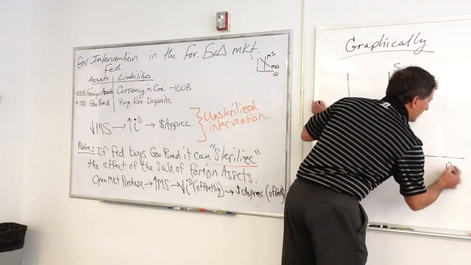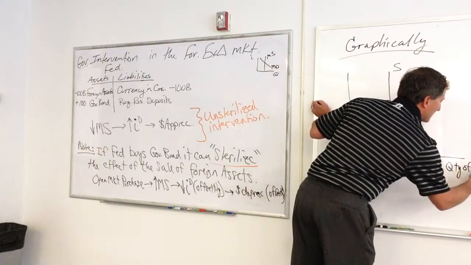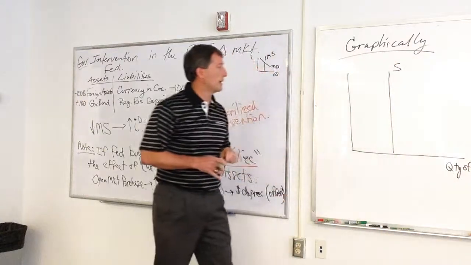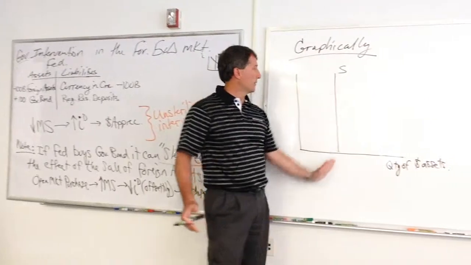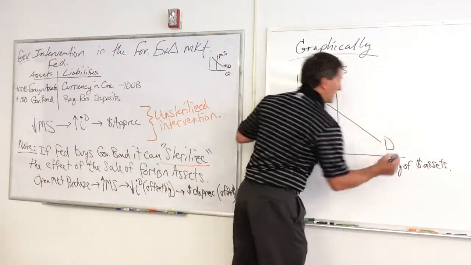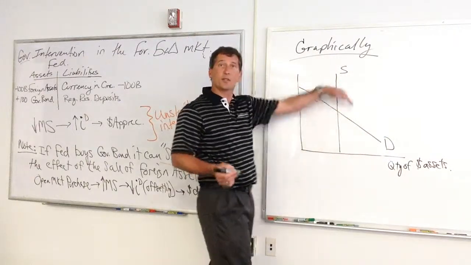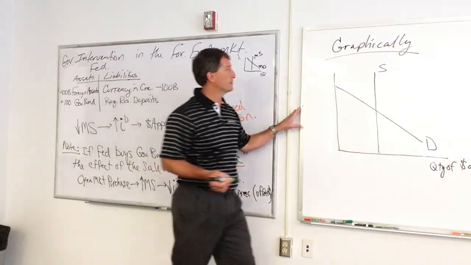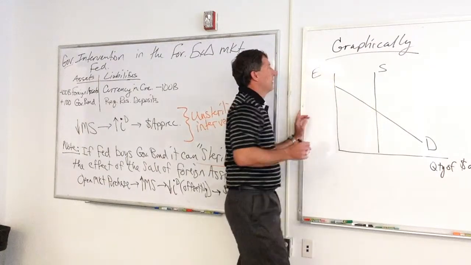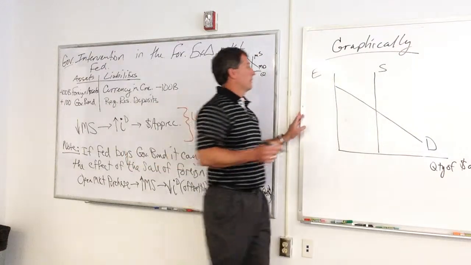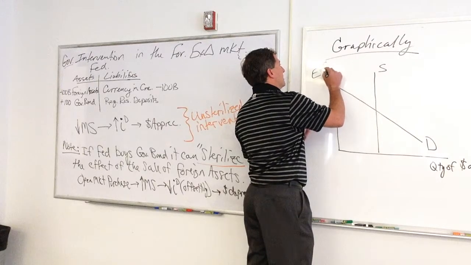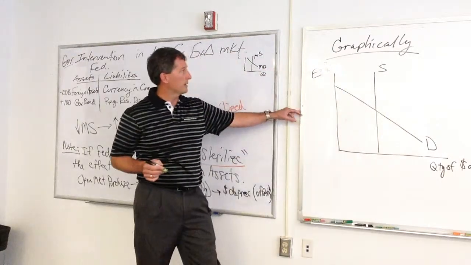So we're looking at the quantity of dollar assets, which was essentially all the money supply, being vertical. And we're going to allow changes in the exchange rate to be completely driven by shifts of demand. We have this exchange rate, which is foreign currency divided by dollar.